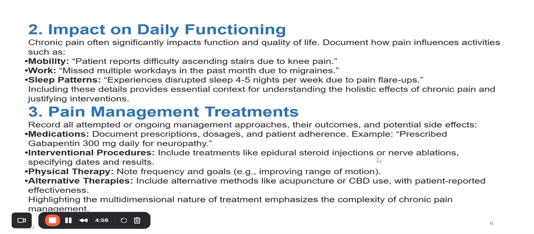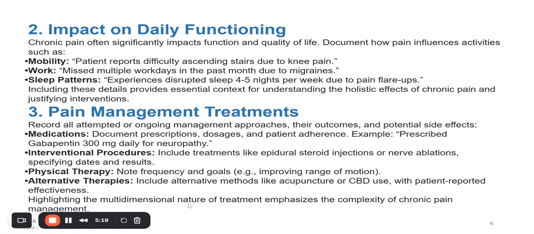Physical therapy: note frequency and goals, for example, improving range of motion. Alternative therapies include methods like acupuncture or CBD use with patient-reported effectiveness. Highlighting the multidimensional nature of treatment emphasizes the complexity of chronic pain management.